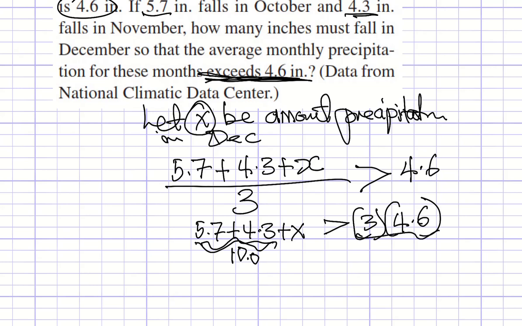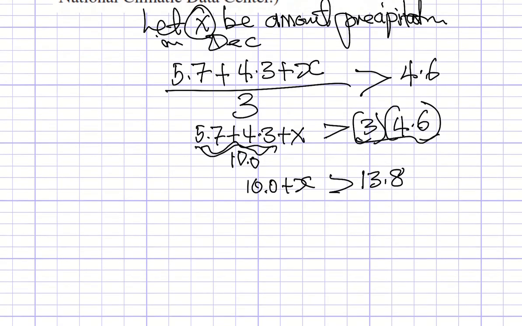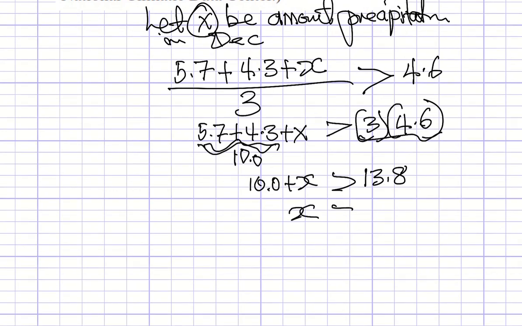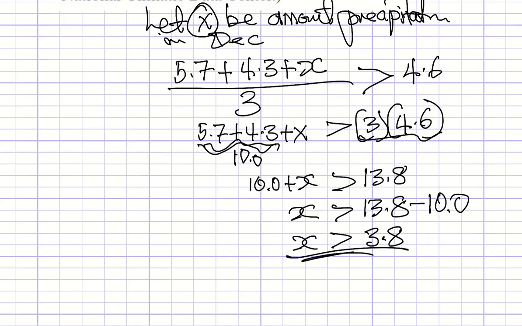So 10.0 plus x is greater than 13.8. You move things over: x is greater than 13.8 minus 10.0. If you subtract that, you get x greater than 3.8. So that's what they're looking for.